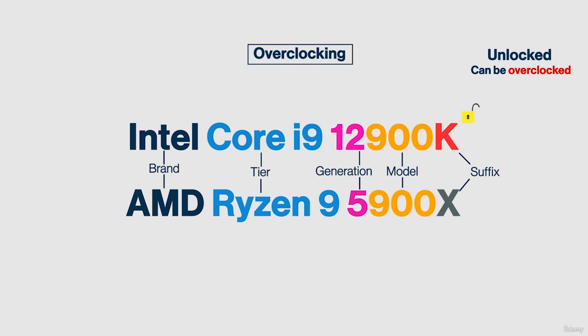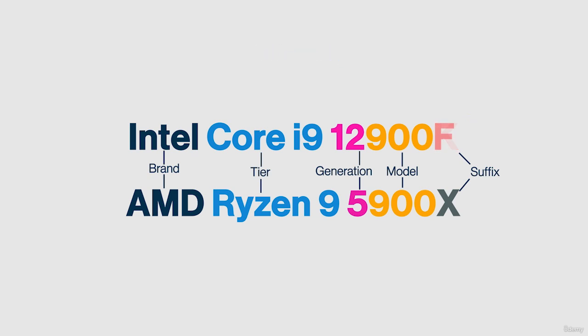There's also other acronyms or suffixes on there like F, which on the Intel chips means that there's no integrated graphics at all, which is really useful if you're building a PC because you know you can cut corners and save a little bit of money if you're going to be adding on a dedicated graphics card later. On the AMD side, the X here in the suffix refers to the fact that the base clock speed is tuned higher out of the box.